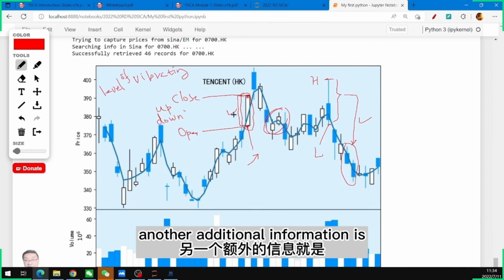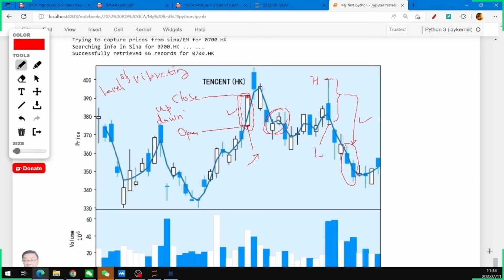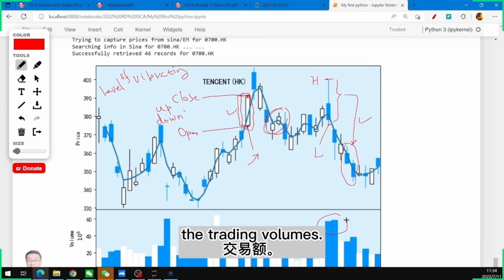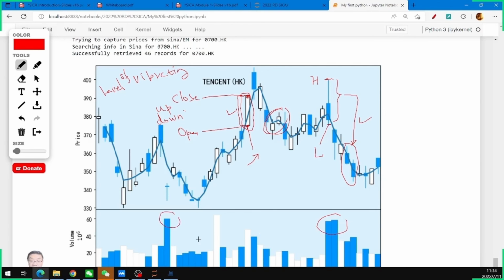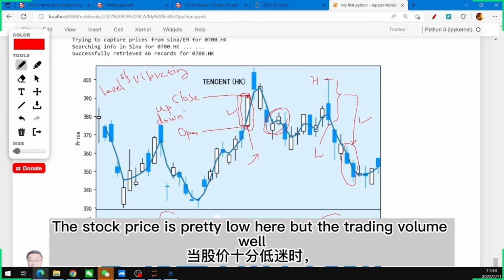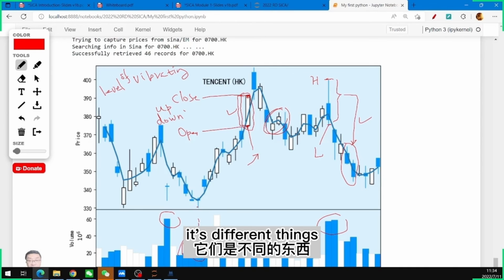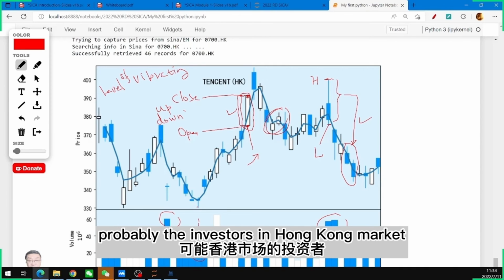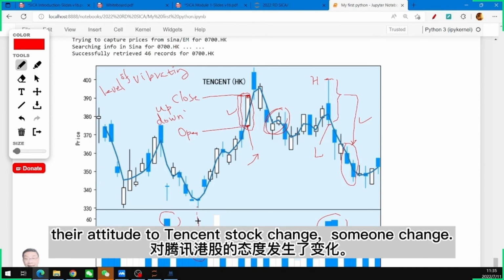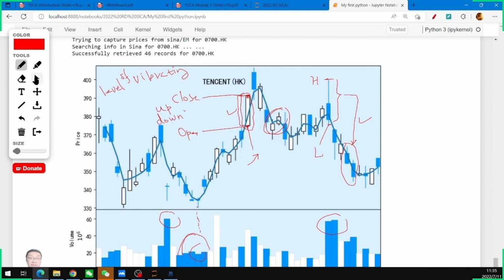Another additional information is we can see the trading volumes, okay? Well, the stock price is pretty low here, but the trading volume did not boom, okay? It's different things. Probably the investors in Hong Kong market, their attitude to Tengxun stock changed somewhat, okay?